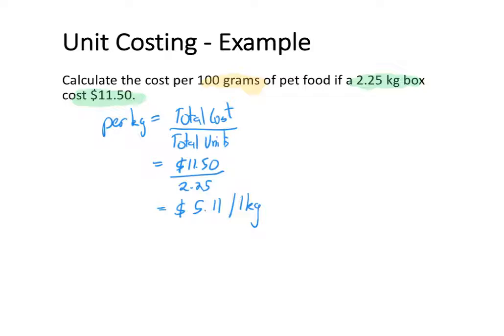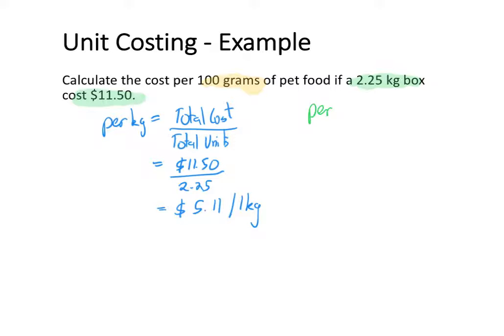So now that we know the per 1 kilogram amount, we can then do a second calculation to work out per 100 grams. Because there is 10 lots of 100 grams in a kilo, because there's 1,000 grams in a kilo, I can divide my per kilogram rate by 10 to get my rate for per 100 grams.